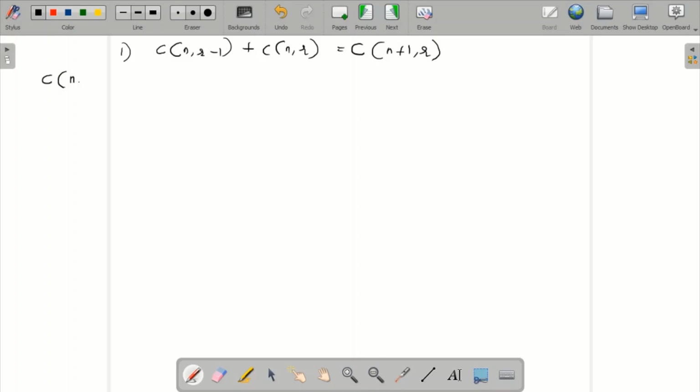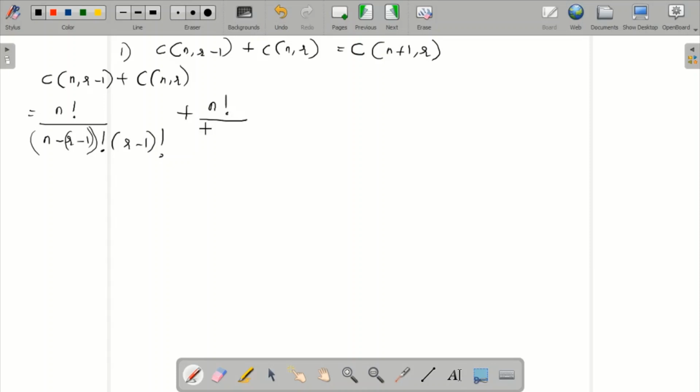So C of n comma r minus 1 plus C of n comma r. Apply the formula. So it would be nothing but n factorial divided by n minus r minus 1 within the bracket, n minus r minus 1 factorial into r minus 1 factorial plus, for this it is directly the formula, n factorial divided by n minus r factorial into r factorial.